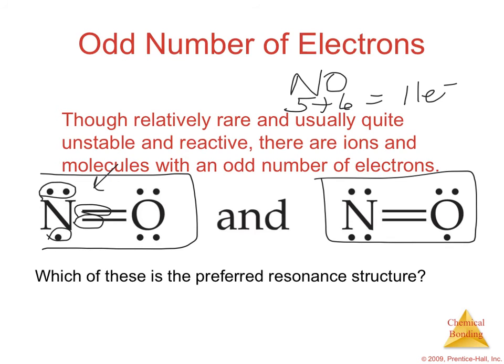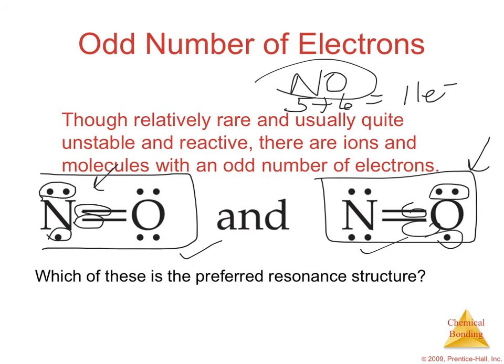Or if you draw it the other way to the right, oxygen doesn't have an octet. So there's nothing you can do about it, but nitrogen monoxide does exist. And so one of these two is not going to have an octet. One of these two is going to be deficient in electrons.